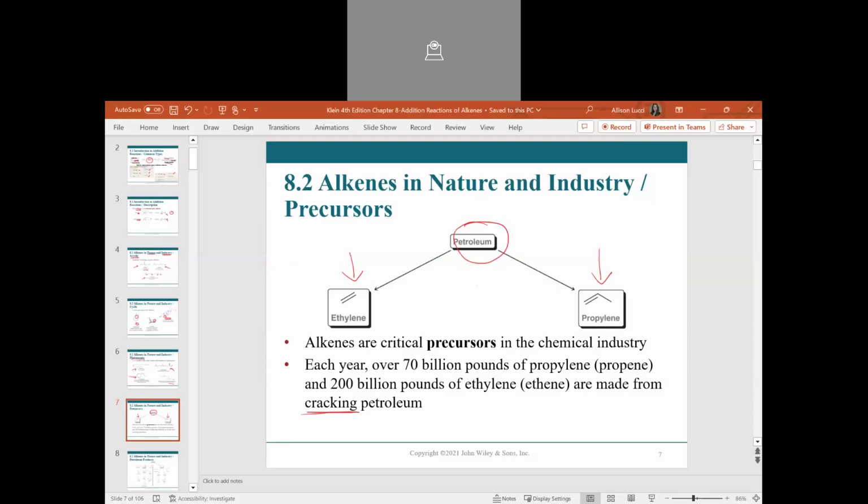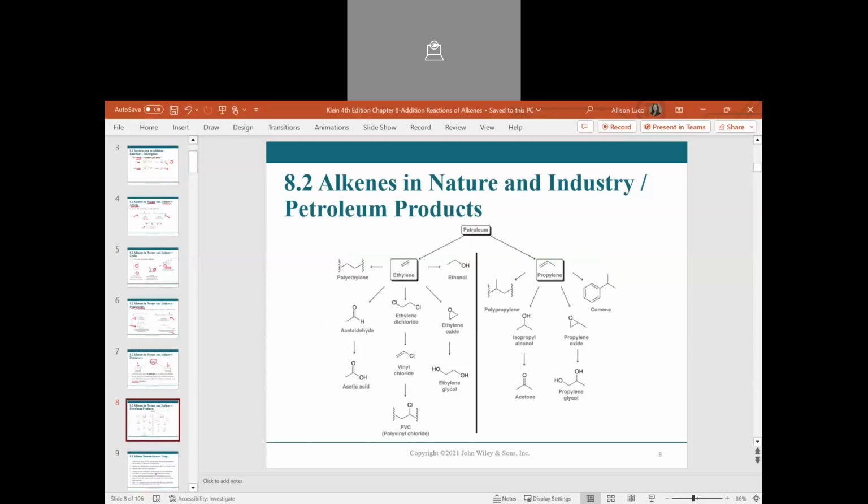So we initially crack the petroleum, make these smaller molecules, and then from there you can see that our ethylene and our propylene here can form many products, right?